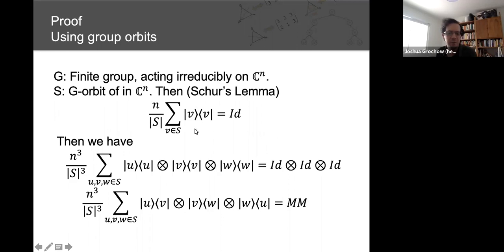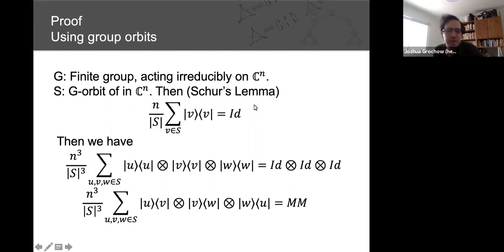If I sum over that orbit, what I get is a matrix that is invariant under the action of G. And so by Schur's lemma, that sum has to be some scalar multiple of the identity. If v is a unit vector, then this is the right normalizing factor. But the normalizing factor is not going to be too important. It just carries through everything.